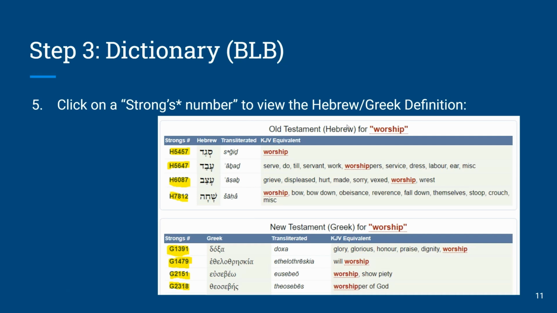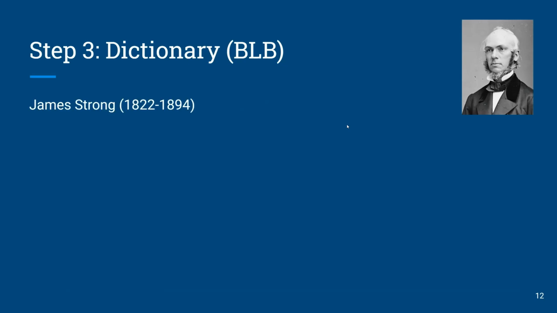You'll also see at the left-hand side this column of codes that are labeled Strong's numbers. And before we go any further, we need to understand what a Strong's number is. Strong's number actually comes from James Strong, who lived in the 19th century.